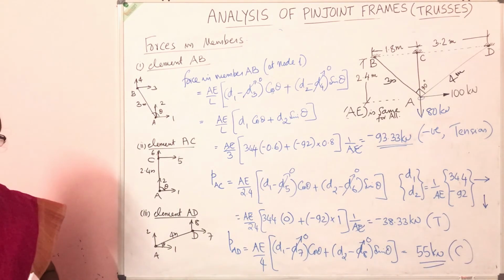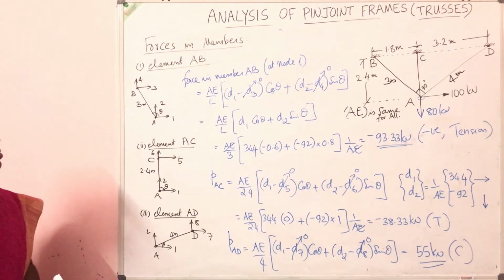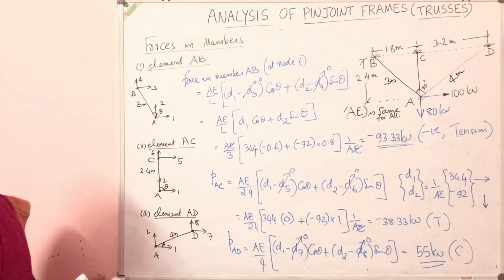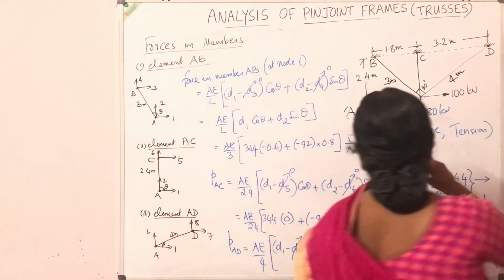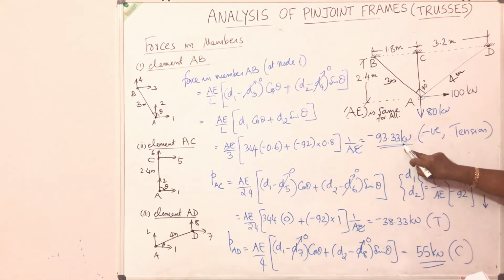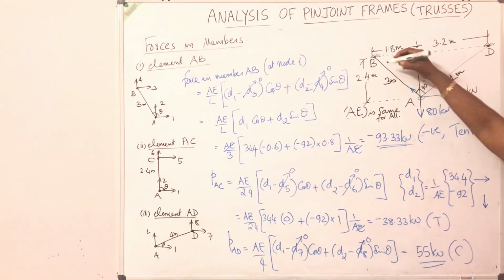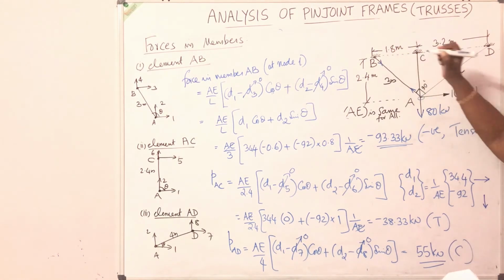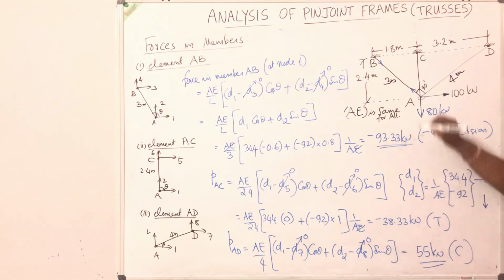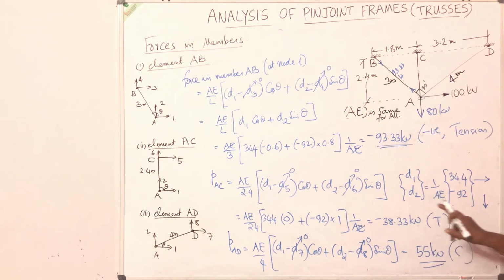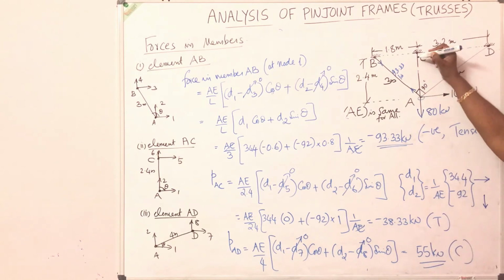So we have got the values of the member forces. Minus 93.33 means member AB is tension. Now we have to mark it in the original figure. Member AB 93.33 tension. Tension is a force which pulls the joint. So for joints A and B, draw arrows away from the joint and mark the force 93.33 kilonewton. Second member, the force is minus 38.33, tension.